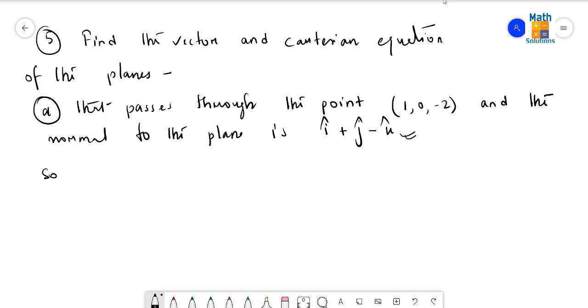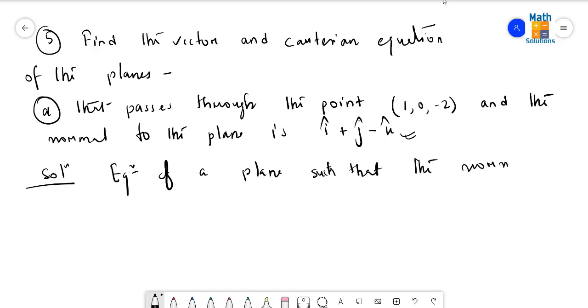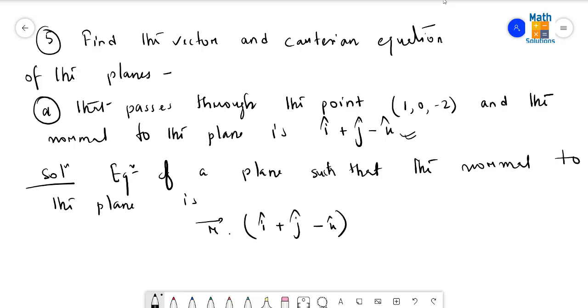We can write here in the solution part, equation of a plane such that the normal to the plane is, by formula we get it, vector r dot i cap plus j cap minus k cap plus d is equal to 0.